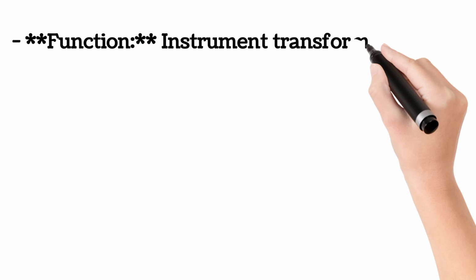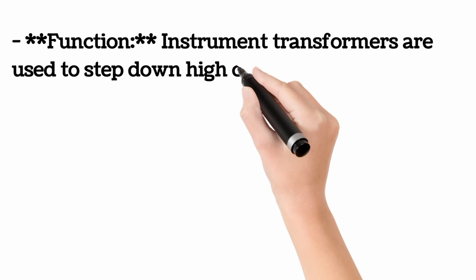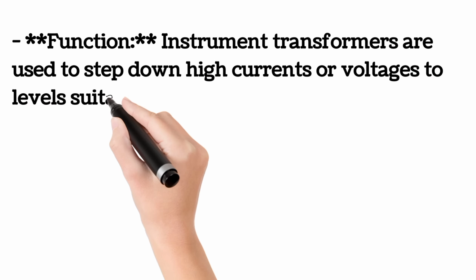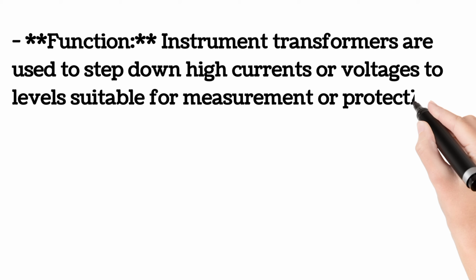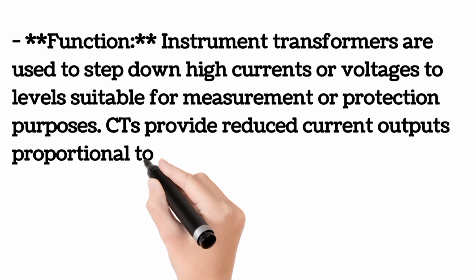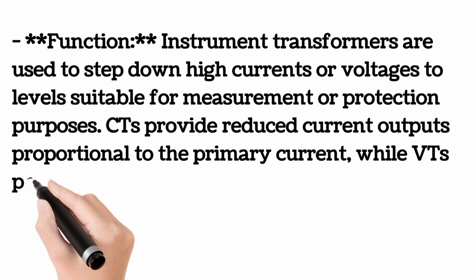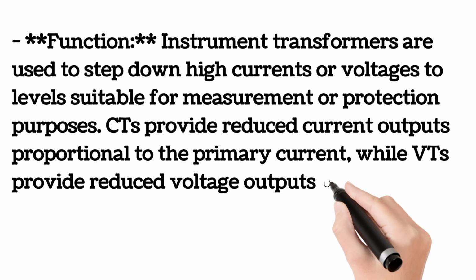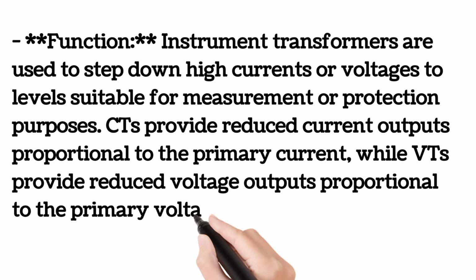Function. Instrument transformers are used to step down high currents or voltages to levels suitable for measurement or protection purposes. CTs provide reduced current outputs proportional to the primary current, while VTs provide reduced voltage outputs proportional to the primary voltage.